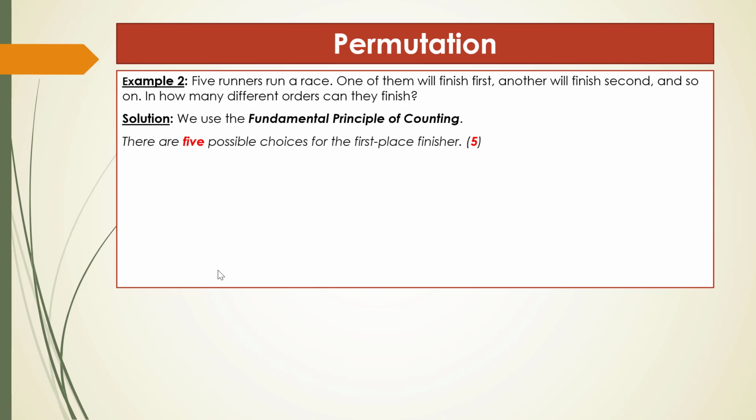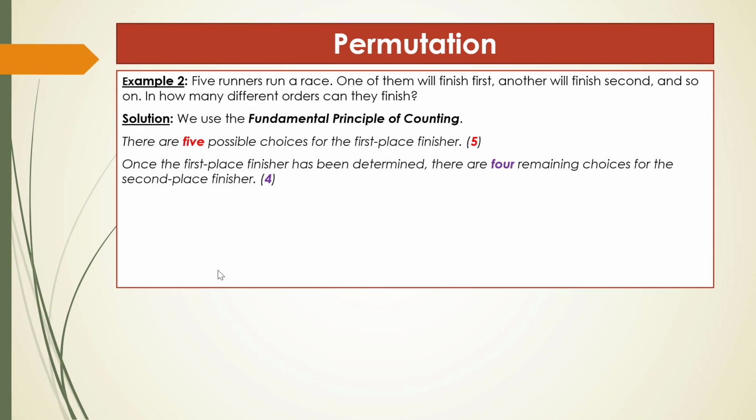So for the first operation, there are 5 possible choices to choose the first place finisher. For the second operation, once the first place finisher has been determined, there are only 4 remaining choices to choose the second place finisher.